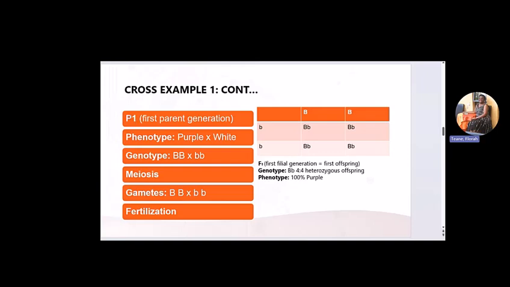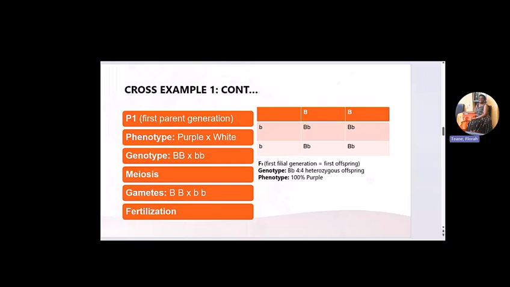So this is parent one, P1. And the phenotype, the outward appearance of these flowers: one is purple and the other is white. And what is the genotype, the genetic makeup? Remember, genes are always in pairs, it's an allele.